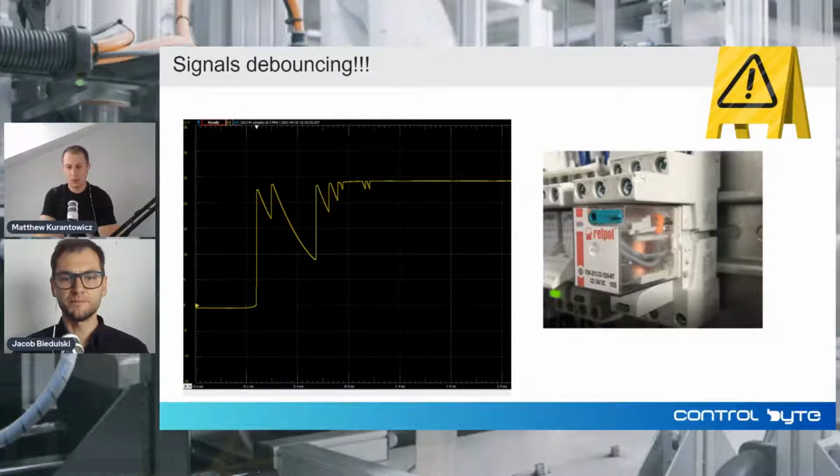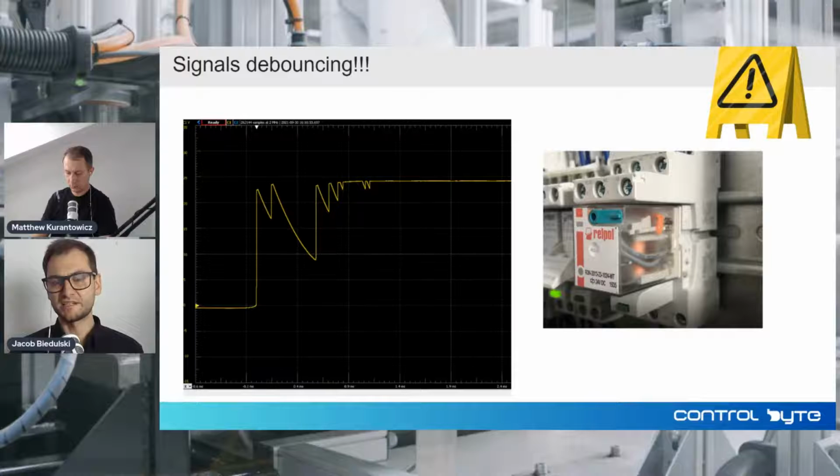Here on the presentation, you can see multiple transitions between the high state and low state of the signal. The high state is about 24 volts, and after the signal is settled, it fluctuates a few times up and down. For example, if you have a trigger that is responsible for counting the events, it can detect more than one event occurrence in this system.